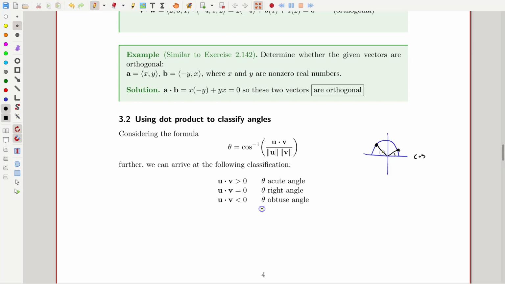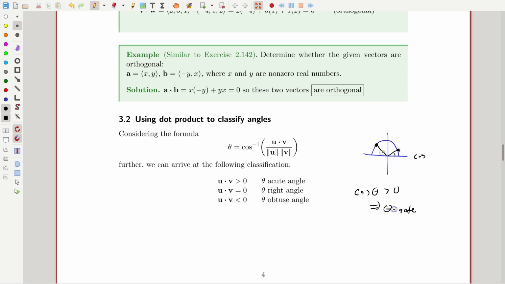I'm sort of butchering the way I'm trying to say this, but cosine of an angle is positive means that the angle is acute.